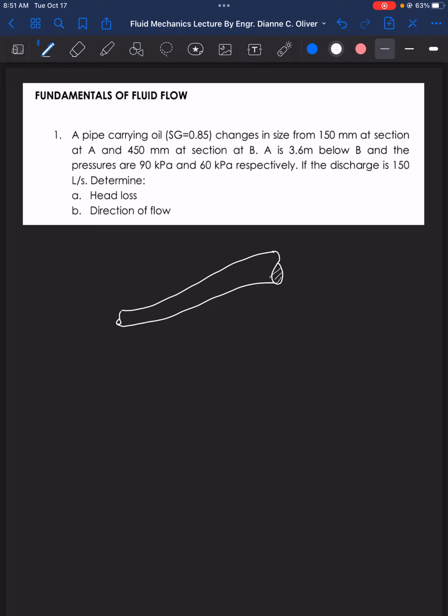So this is the 150 mm diameter pipe, and this is the 450 mm diameter pipe. This is point A and this is point B.